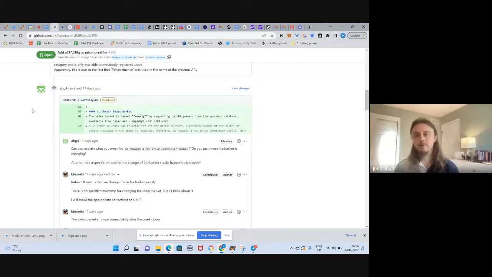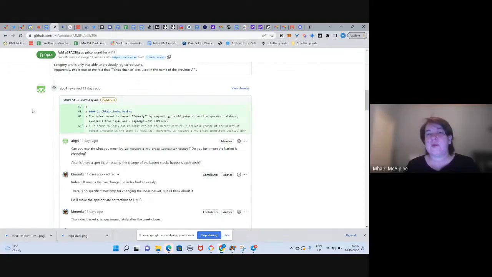Well, they did have a methodology for getting the new top 10. So now they've got the two sources of the prices of the SPACs, and also how you determine who is in the new basket. Okay, so that's all covered in the resolution.